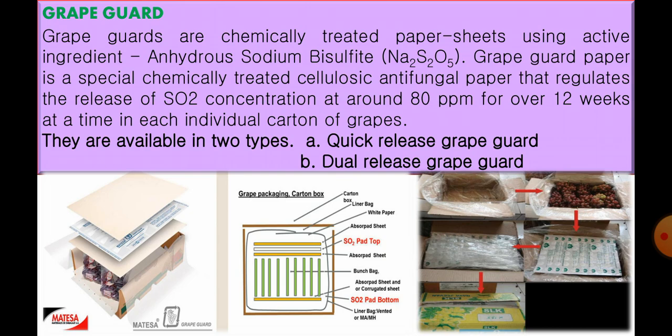The different methods of creating modified atmospheric conditions are commodity generated or passive modified atmospheric packaging, and active packaging. Now we will discuss the grape guard, which is only suitable for grapes.